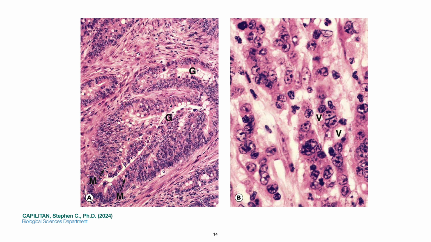Letter A illustrates a typical well-differentiated colonic adenocarcinoma. Although it is a carcinoma, it still exhibits a glandular pattern in letter G, which is reminiscent of a normal colon. The cell nuclei are, however, hyperchromatic, with a high nuclear to cytoplasmic ratio, and numerous mitoses in letter M are seen.